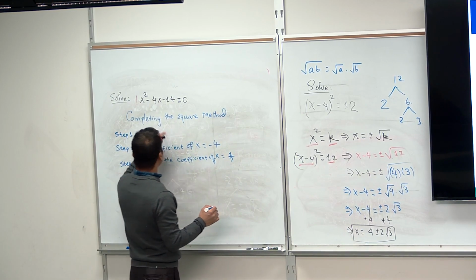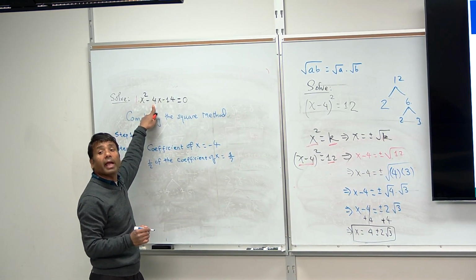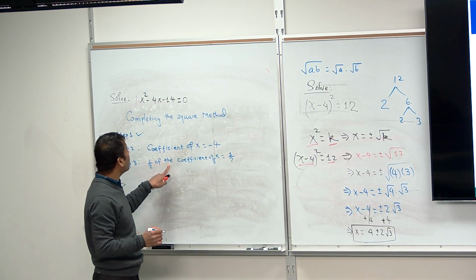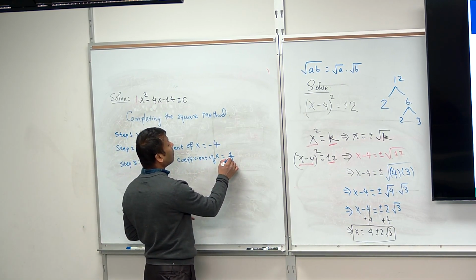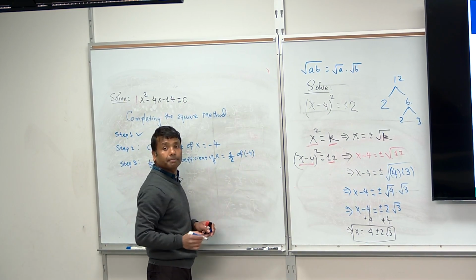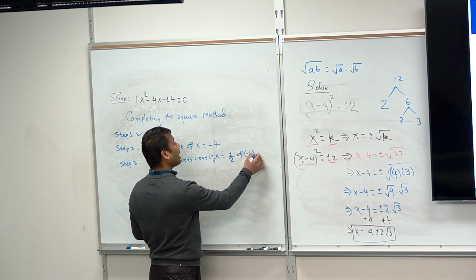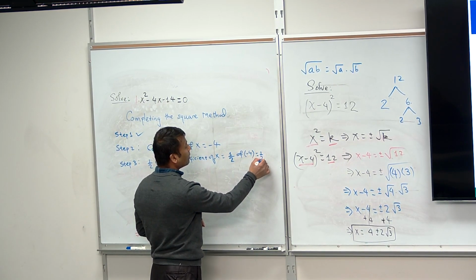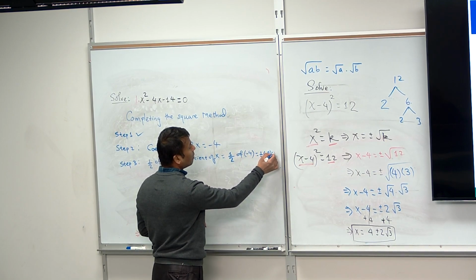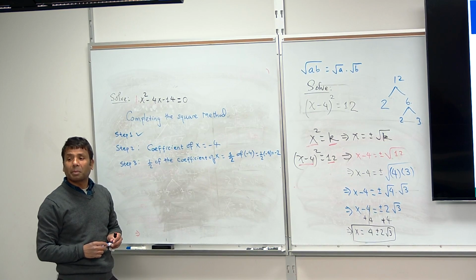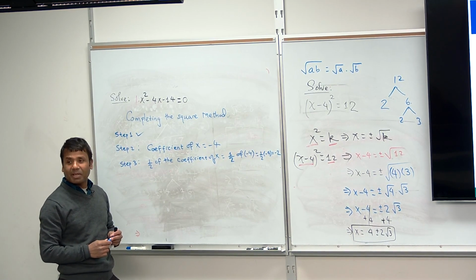What is the coefficient of x? -4. What is half of the coefficient of x? Half of -4, right? So that is -2. You know that, right? Half times -4 is -2. Did that make sense?